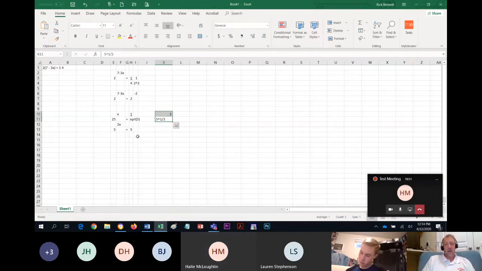And can I write this with a negative exponent? I don't know. Yeah, it would just be 5 to the negative 1/2 power. Ah, you stinker. Where did the square root go on that?